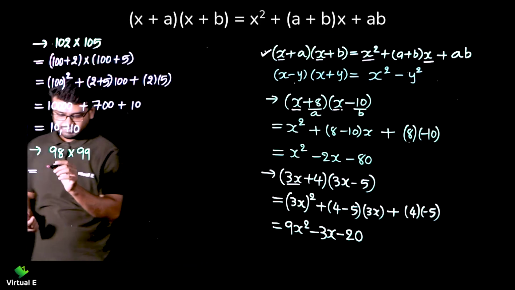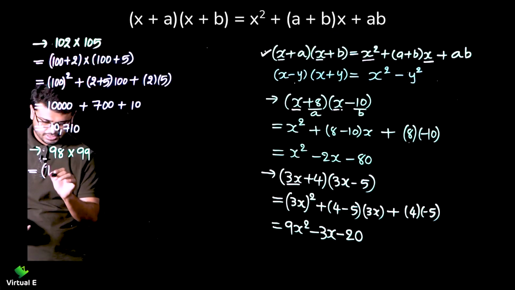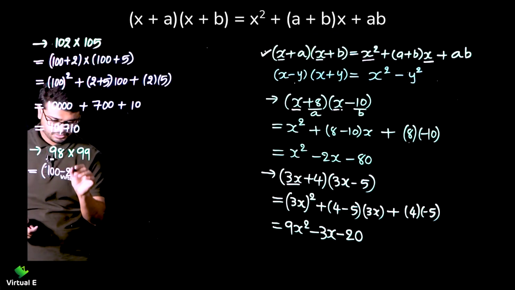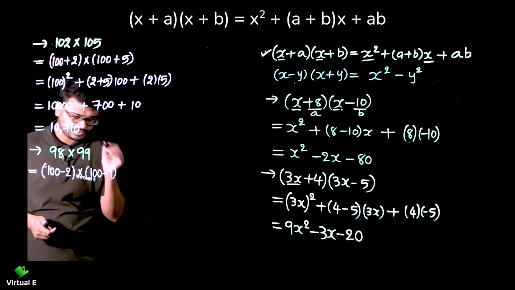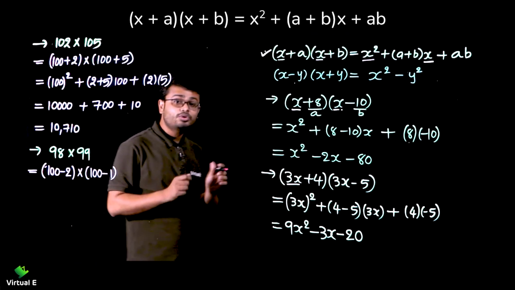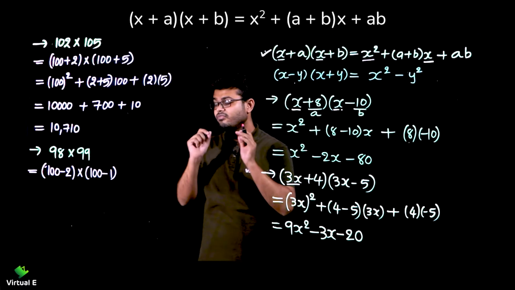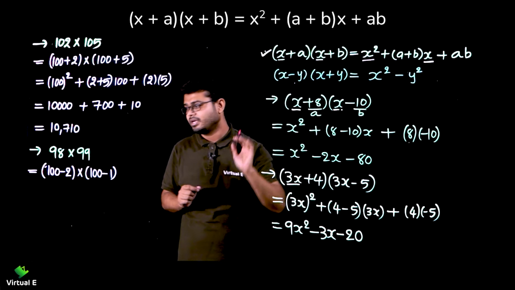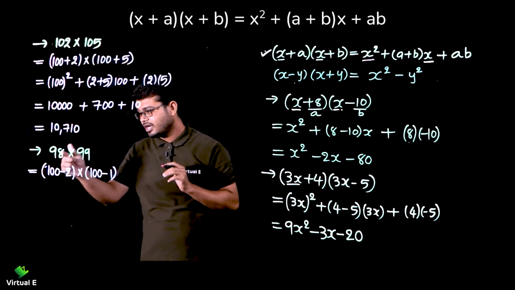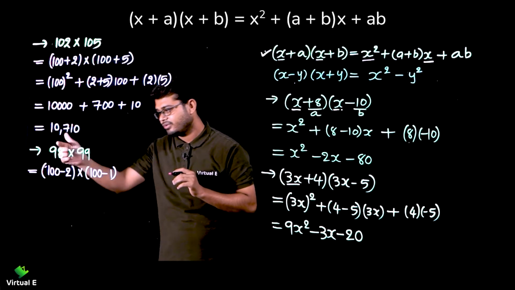So what I will be doing over here is 100 minus 2 multiplied by 100 minus 1. Again, I want to have the first term as the common one. That's what my idea is. Now if you subtract 2 from 100, you get 98.